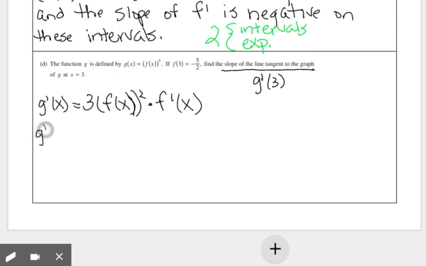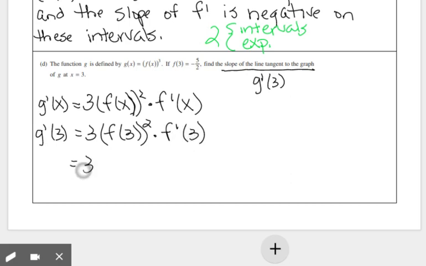So if we're going to do g prime of 3, that means we're going to do 3 times f of 3 squared times f prime of 3. So let's see, 3 times, well, f of 3 they gave us as negative 5 over 2 squared times f prime of 3.